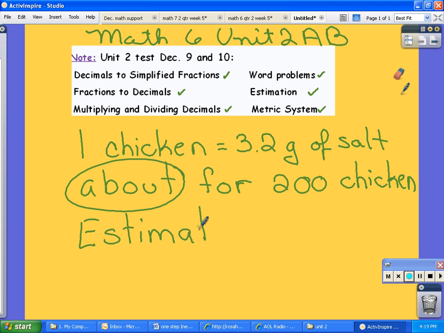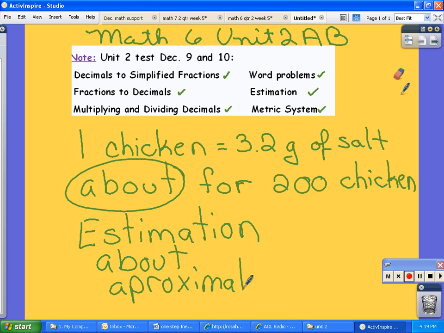Kids need to know when they see the word estimation, about, approximately. What's the approximate amount? That means they're going to round. Now, rounding and estimation is not the same definition.